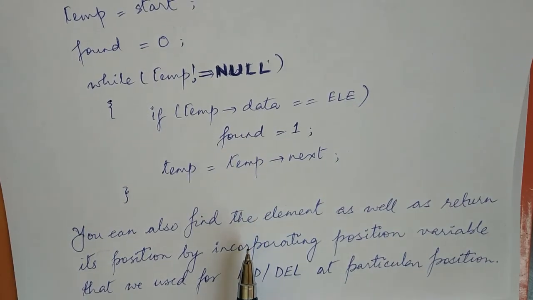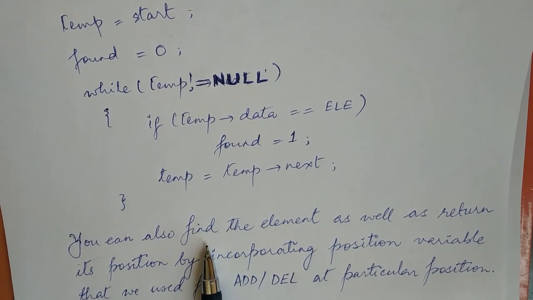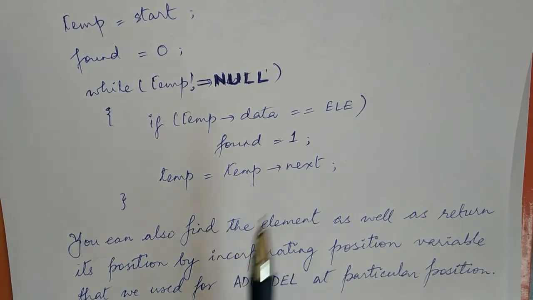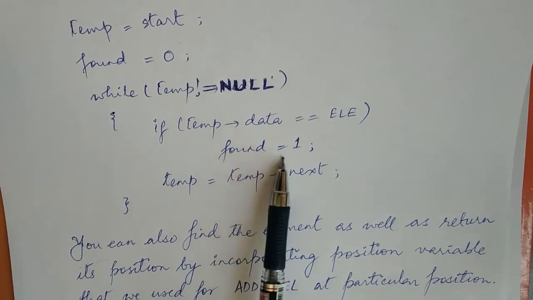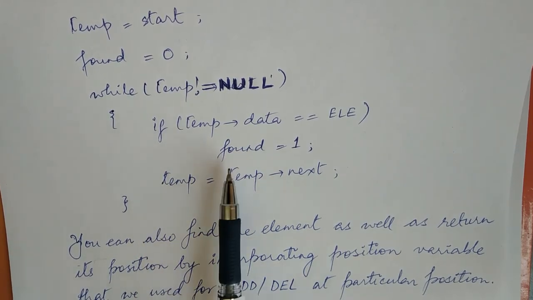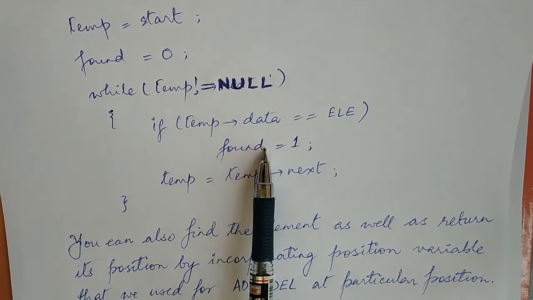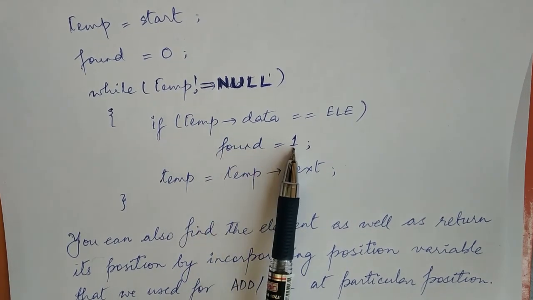Now that you know how to print, how to search, how to count, you can also find if the element that you've been asked about is present or not. You can say yes or no based on found at the end of your loop. You can also add another counter within this loop for finding the position of this element.